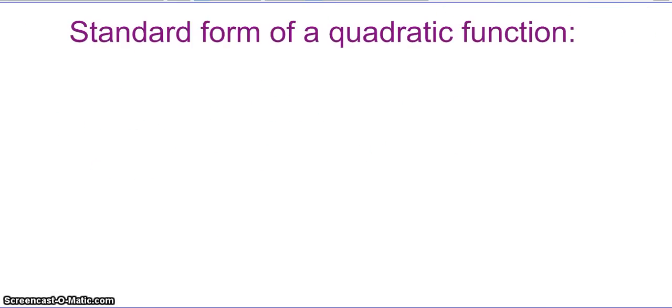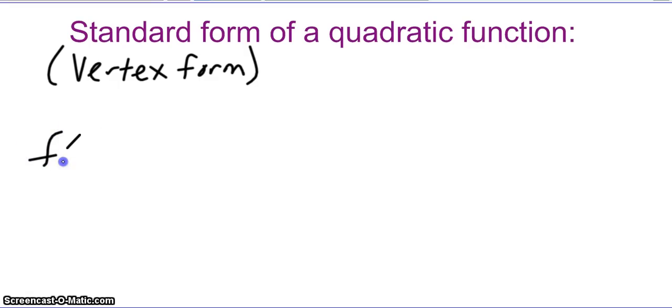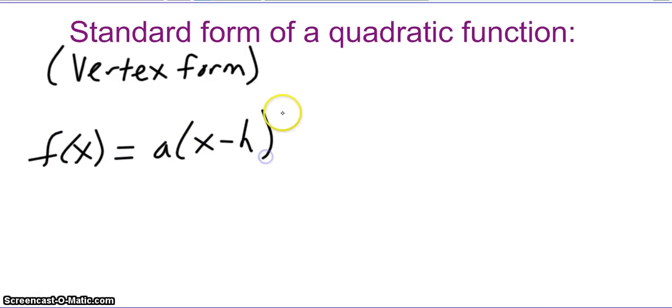Okay, so now let's focus a little bit more on the quadratic function. So what is the standard form of a quadratic function? The standard form of a quadratic function is also sometimes called vertex form, and that's if the function is written as f of x equals a times x minus h quantity squared plus k. So this a here is the same a that we had in the ax squared plus bx plus c.